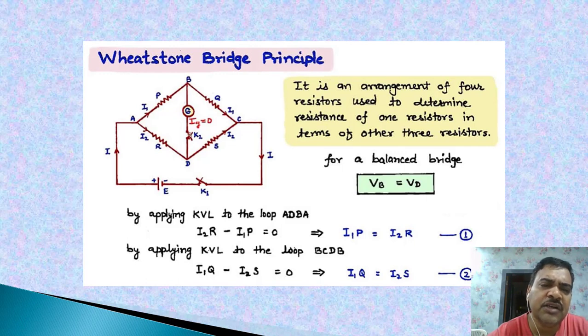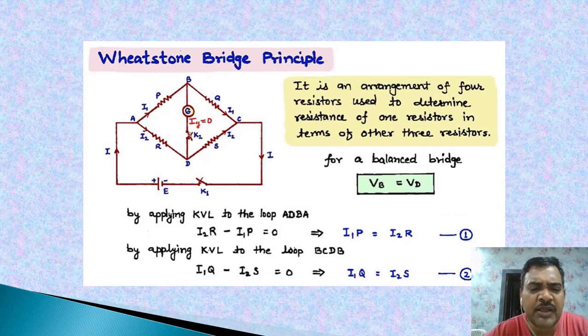In this condition, the current passing through AB is I1, the same current passes through BC, and in AD the current passing is I2, and the same amount of current I2 is passing through DC.